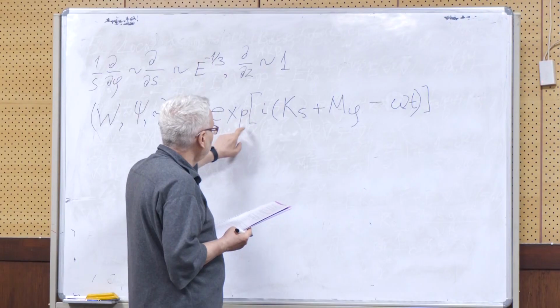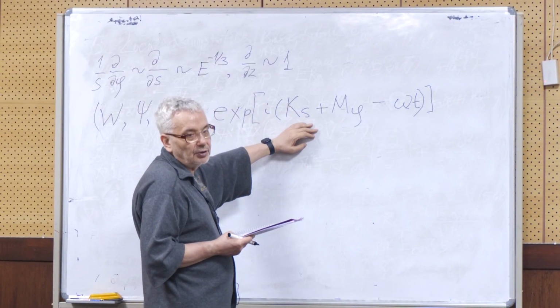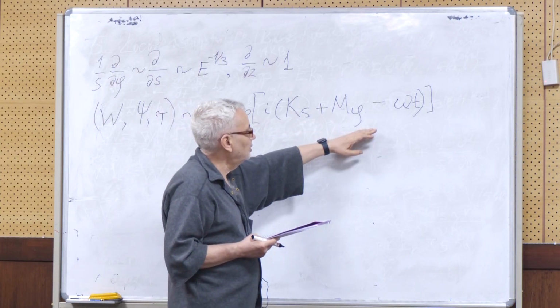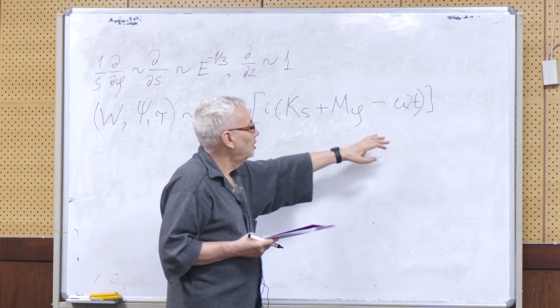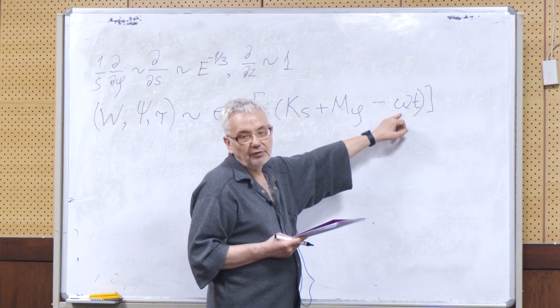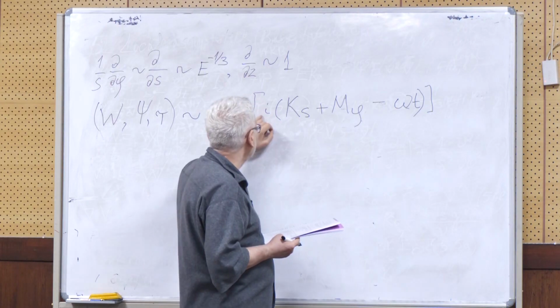So you just take the exponent, so you represent it as a harmonic function in cylindrical coordinates, in the azimuthal direction, and in the t direction we just have some eigenvalue multiplied by i.